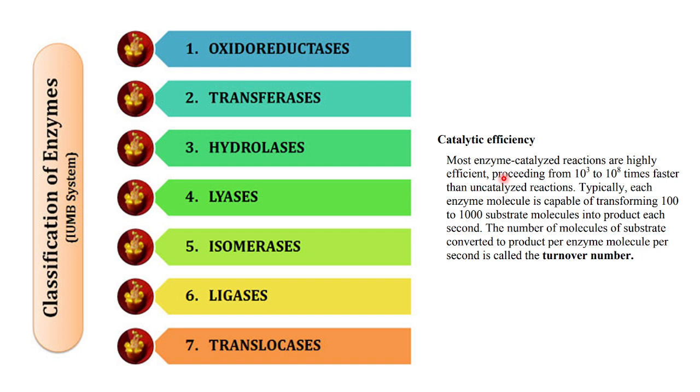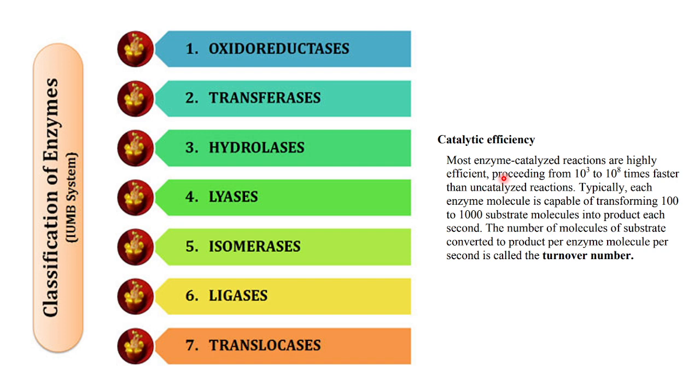Imagine you have 100 enzymes, and you are measuring the turnover number for, say, 10 seconds. For one particular enzyme, the ability of one molecule of that enzyme to convert substrate to product in 1 second is your turnover number.